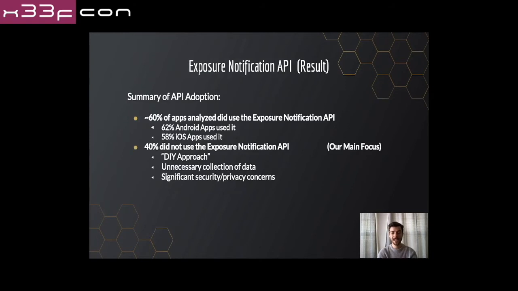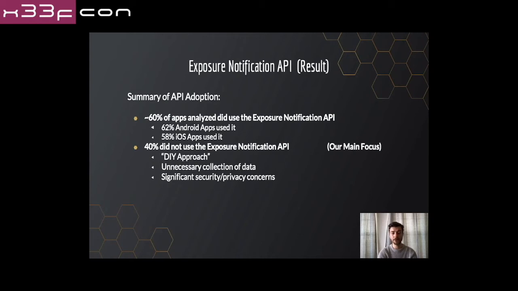Now, in terms of the applications that we analyzed and the subset of data that we're discussing today, of the applications we analyzed, 60% of those apps did indeed use the exposure notification API provided by Google and Apple. So 62% of Android applications and 58% of iOS applications.